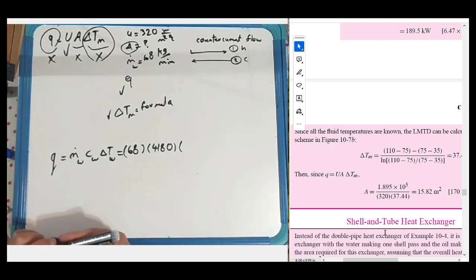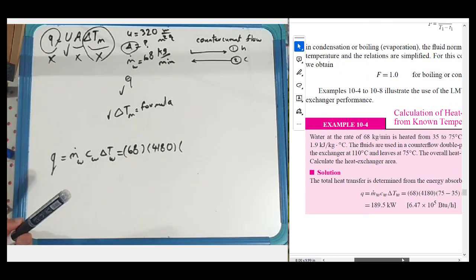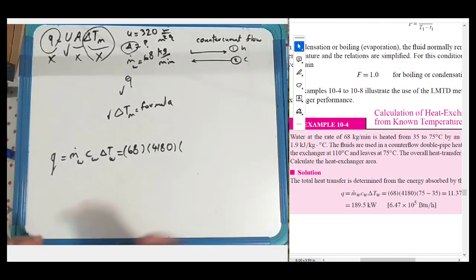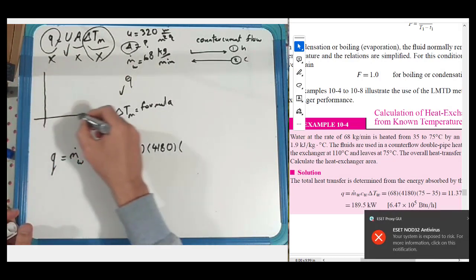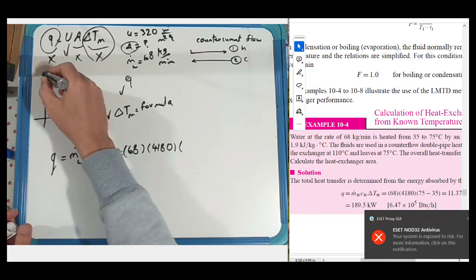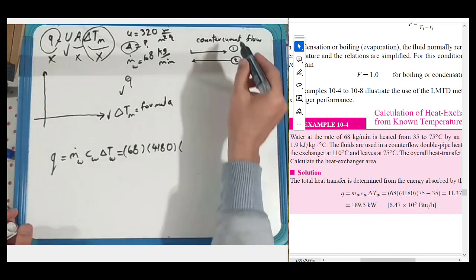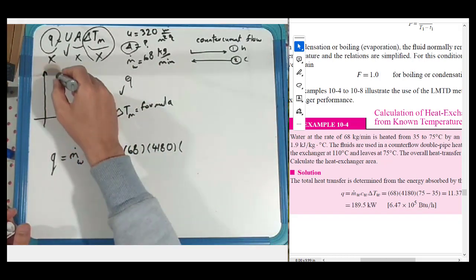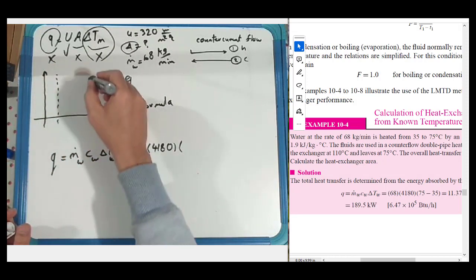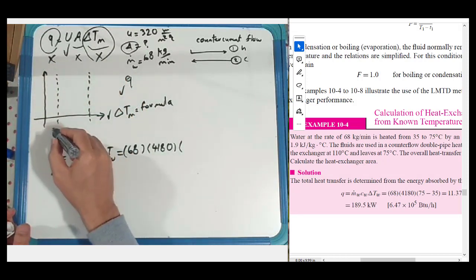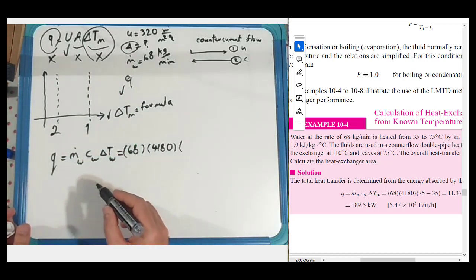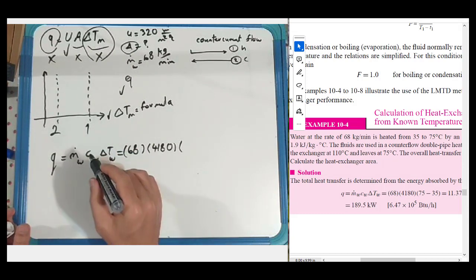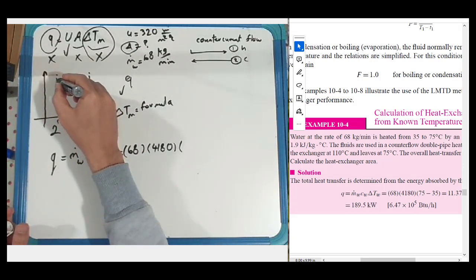As you can see in this problem, we should first draw this diagram for counter current flow. This is the second cross section, and this is the first cross section.